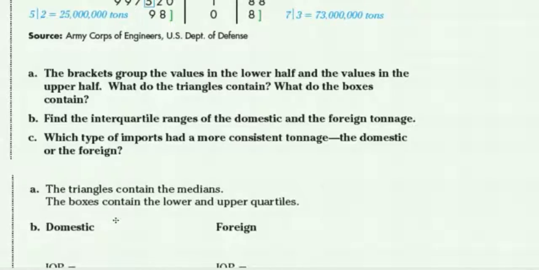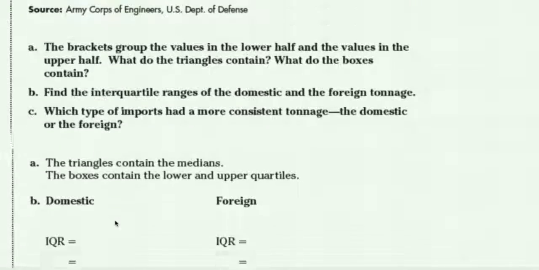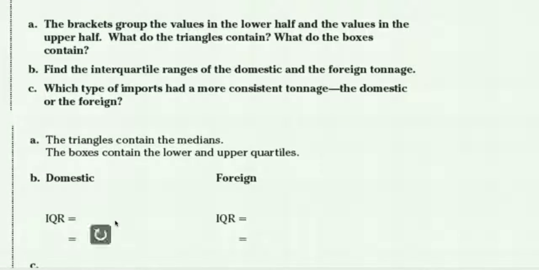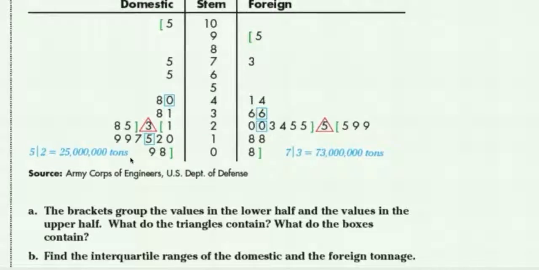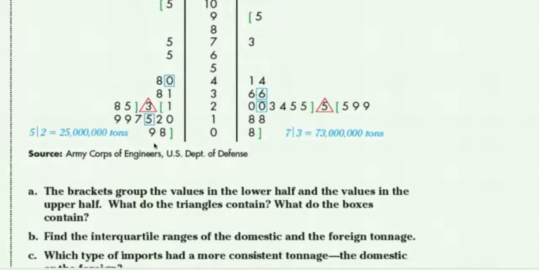Okay. And in letter B, find the interquartile ranges of domestic and foreign tonnage. From what we know already, our upper quartile is 40,000 tons, and our lower quartile will be 15,000 tons.